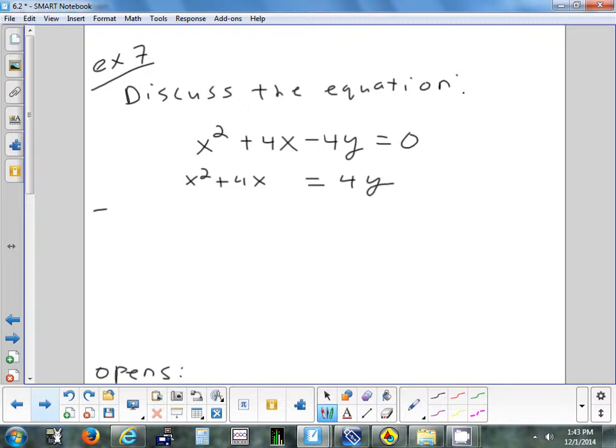Now the next thing you're going to do is complete the square. When you complete the square, you're adding a number to both sides. As long as you add the same thing to both sides, that's fine. You just got to do the same thing everywhere. Does anybody remember how you figure out what number to add to both sides? That's completing the square.